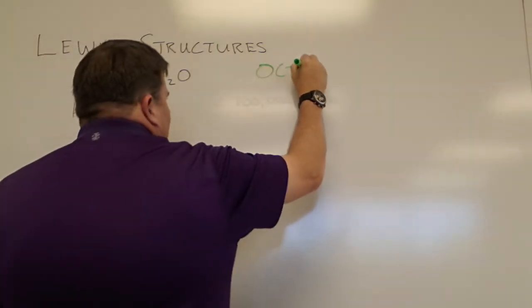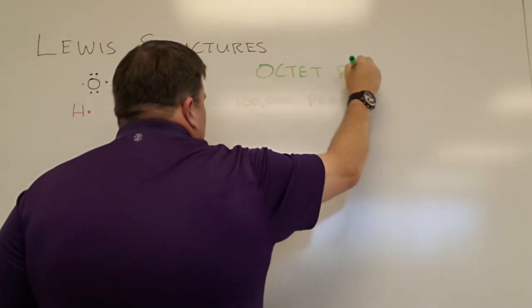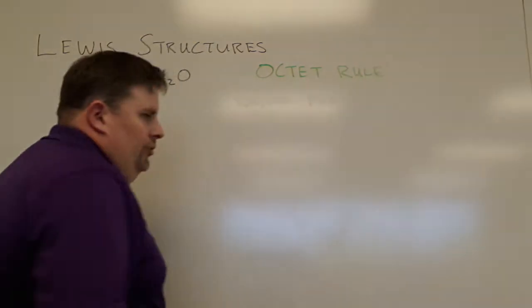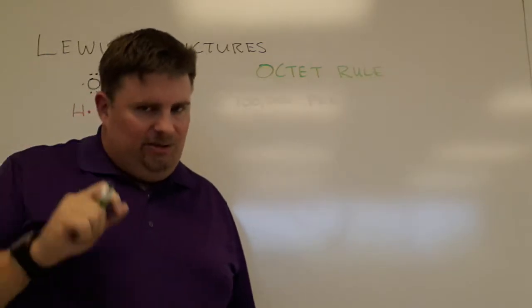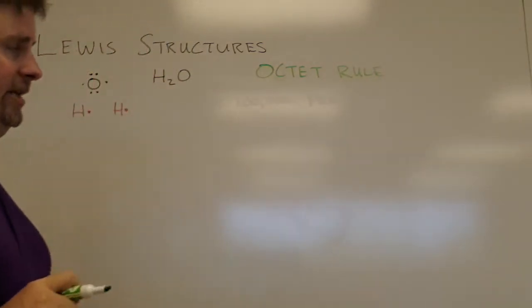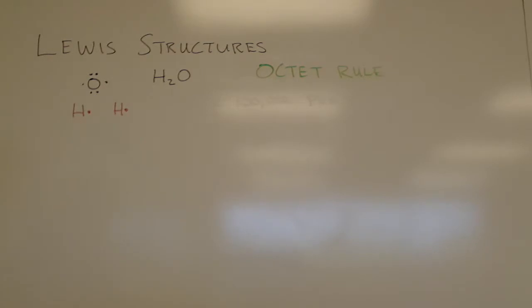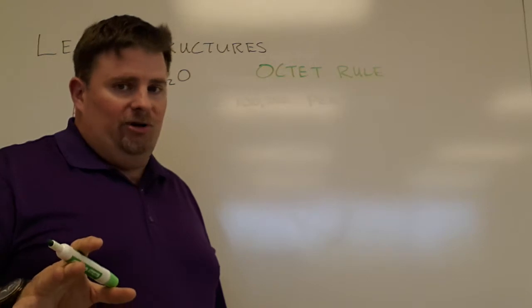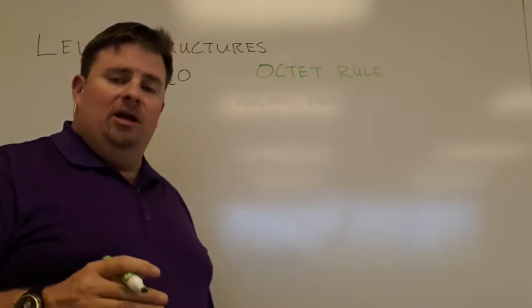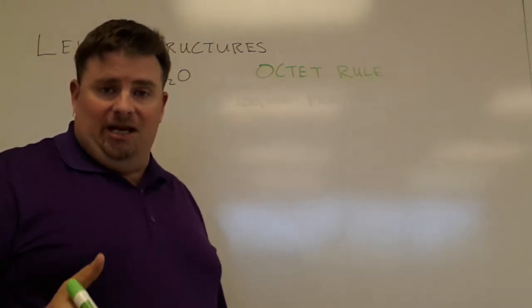Octet rule. The octet rule states that any atom in the second row, that's an important caveat, anything that's in the second row is going to have a maximum of 8 electrons. It can have under 8 electrons. That's okay. There are times when that happens. But the maximum possible electrons is 8.